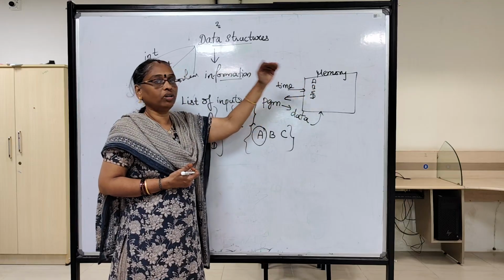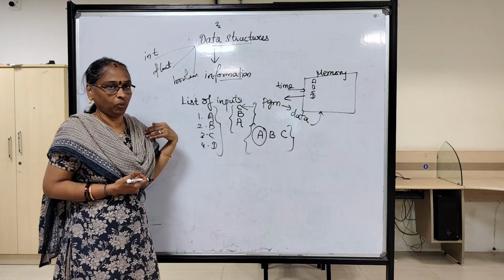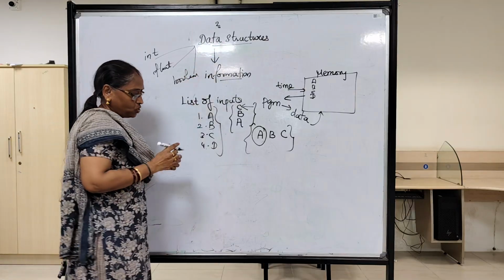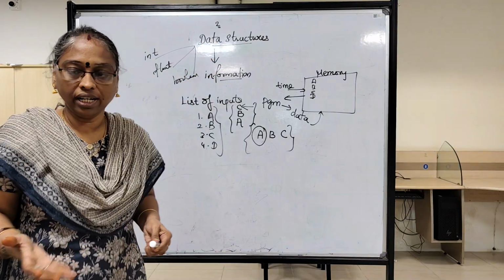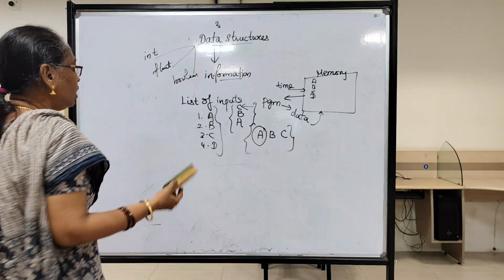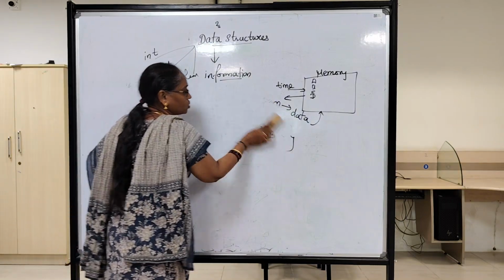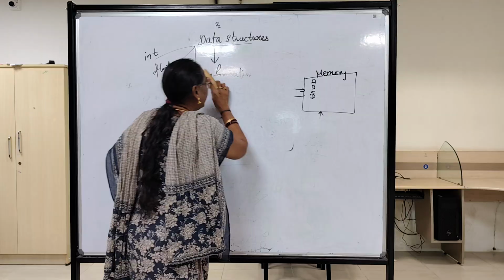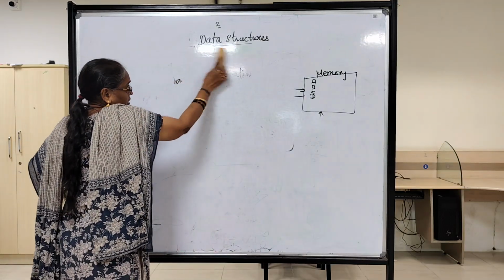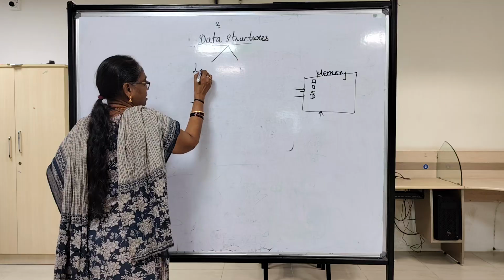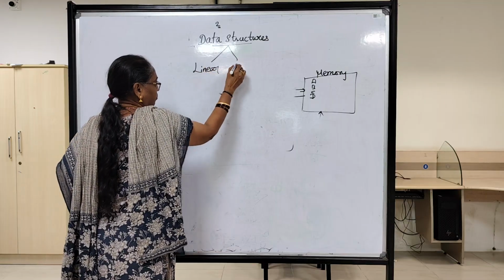It will help me to retrieve the data as I require. So we have the concept called data structure. Using that, I can store the data in a particular structure, and it will help me to retrieve the data as required by the process. So what are the different data structures we have? We can classify data structures basically as linear and non-linear.